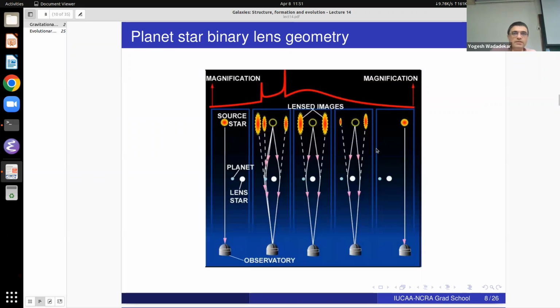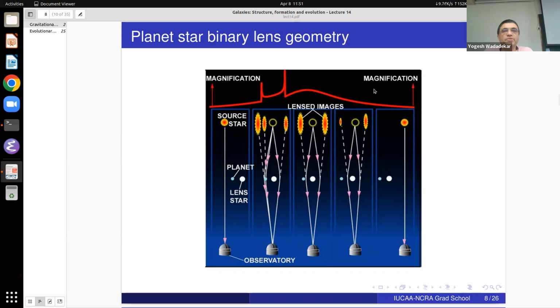Right. Now suppose you have a source star in the background, and you have a planet and a star passing through your line of sight to that distant star. Then, depending on the geometry, you can get lensing by the planet, and you can get lensing by the star also.